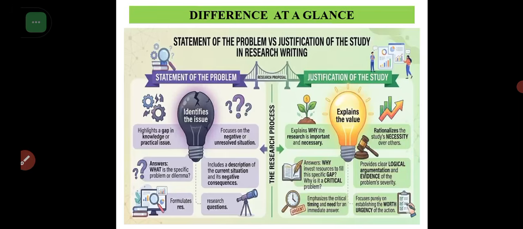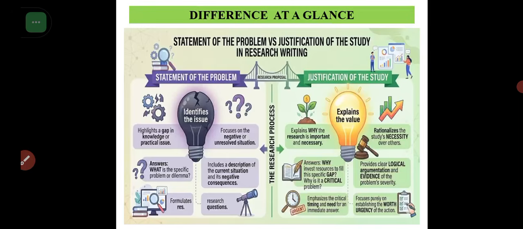So while writing a research problem, you focus on the problem, not proffering solutions to the problem. Don't go outside the scope of the statement of the problem. Focus on the negative or unresolved situation. It includes a description of the current situation and its negative consequences.